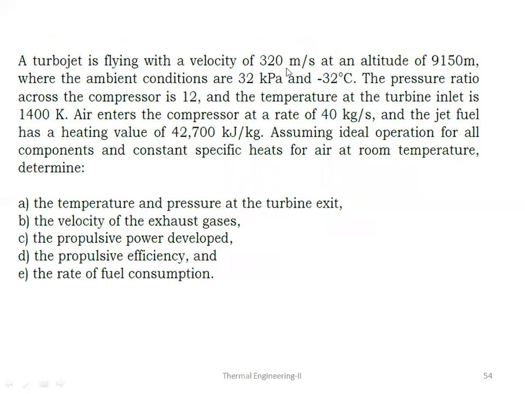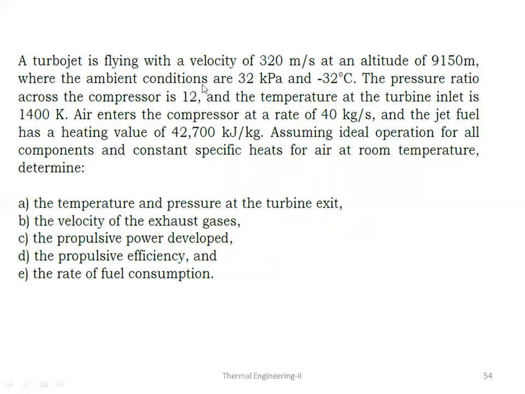So 320 is the inlet air velocity, which is also equal to the velocity of the vehicle. And a pressure of 32 kilopascal and a temperature of minus 32 degrees centigrade are given at the inlet condition. These are the pressure and temperature at point 1.